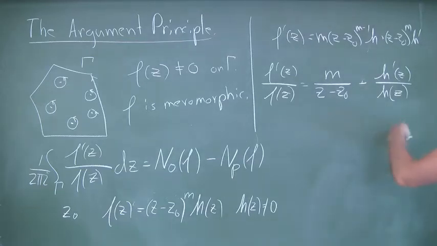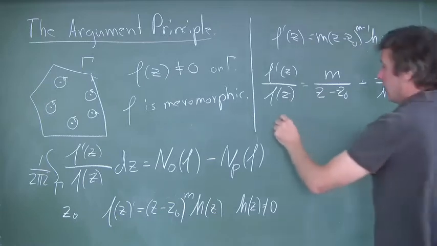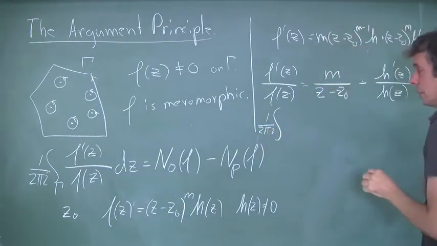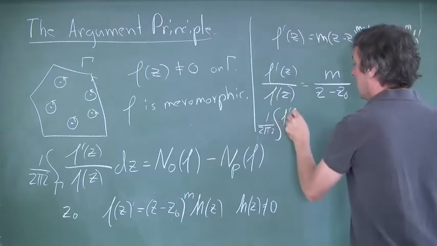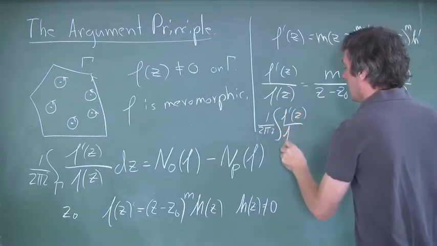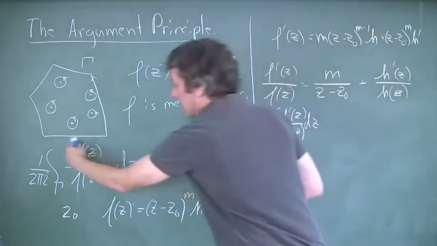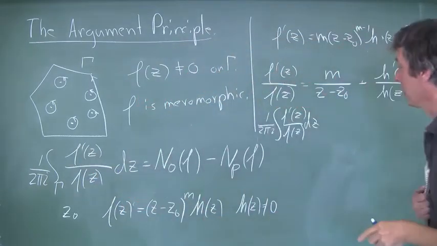So what happens now if we integrate this? Well, if we integrate and multiply by 1 over 2 pi I, on the left-hand side, we of course get this expression that we have in the argument principle.